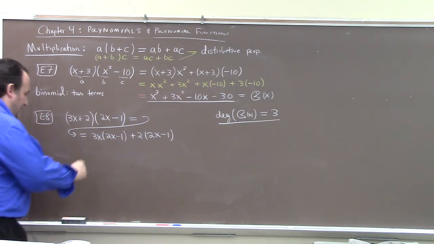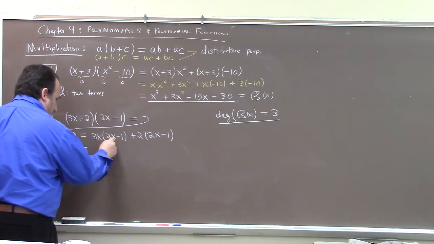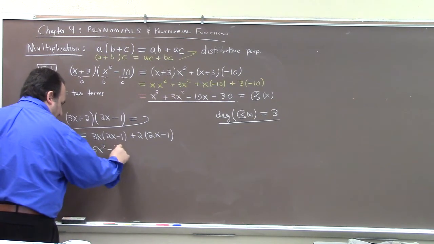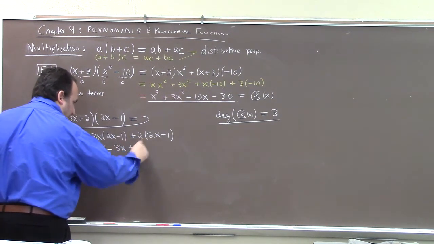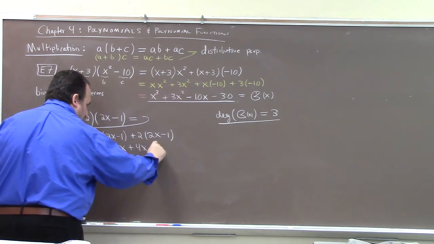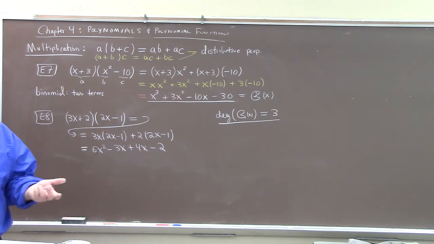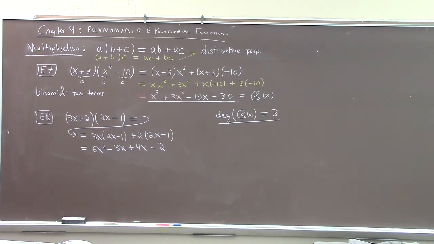And then what's that give me? 3 times 2 is 6, x times x is x squared, so I get 6x squared minus 3x plus 2 times 2, which is 4, 4x minus 2. So again, a binomial times a binomial gave me a four-nomial. But this is only a four-nomial because we haven't done what, Stuart?